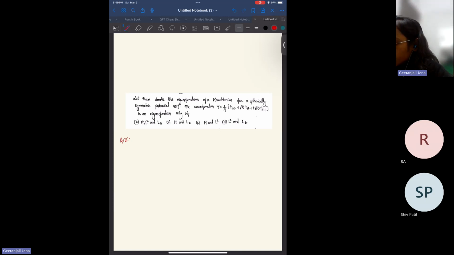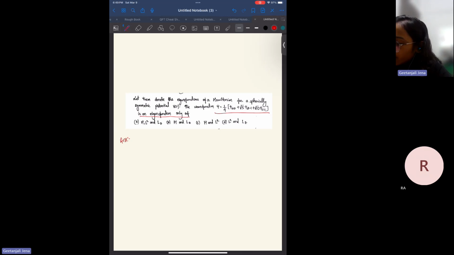Let psi nlm denote the eigenfunction of a Hamiltonian for a spherically symmetric potential V of r. The wave function psi is given by 1 by 4 psi 210 plus root 5 by 4 psi 21 minus 1 plus root 10 by 4 psi 211.